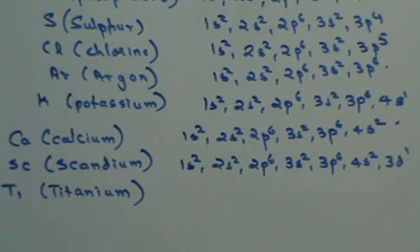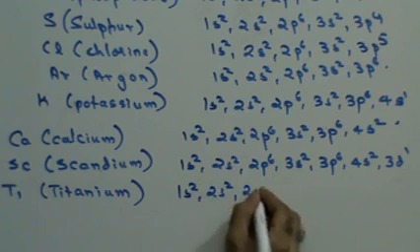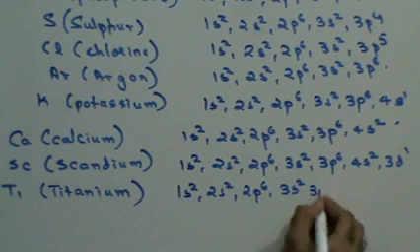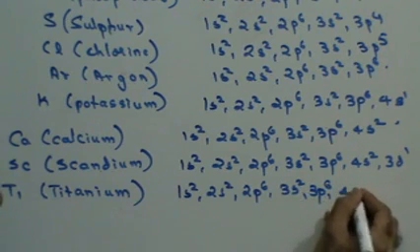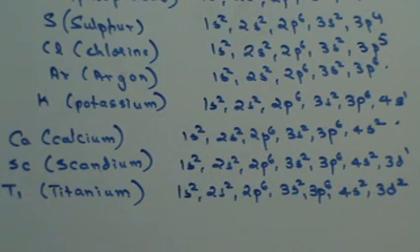Now remember, d orbital can take a maximum of 10 electrons. S is 2, P is 6, D is 10, F is 14. Please write the electronic configuration, guys. So after 4s, it has to be 3d.